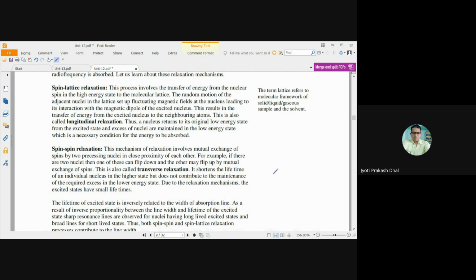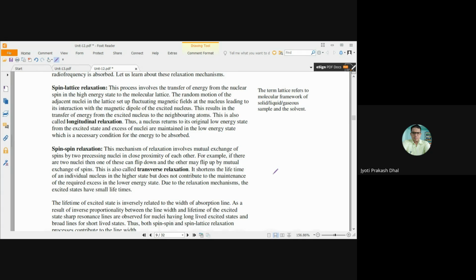This process involves transfer of energy from the nuclear spin of the higher energy state to the molecular lattice, and the random motion of the adjacent nuclei of the lattice sets up fluctuating magnetic fields at the nucleus, leading to its interaction with the magnetic dipole of the excited nucleus. This results in transfer of some of its energy to the neighboring atoms.